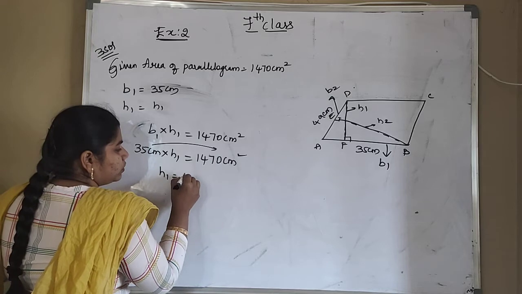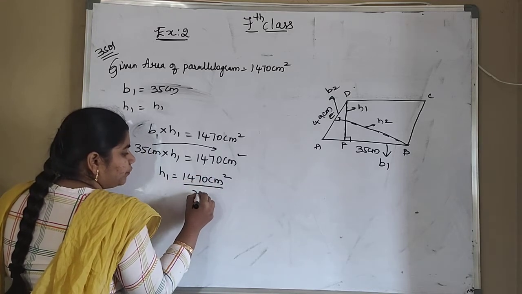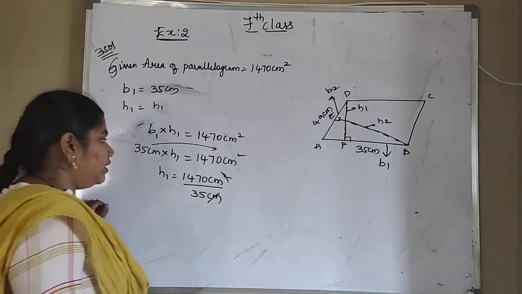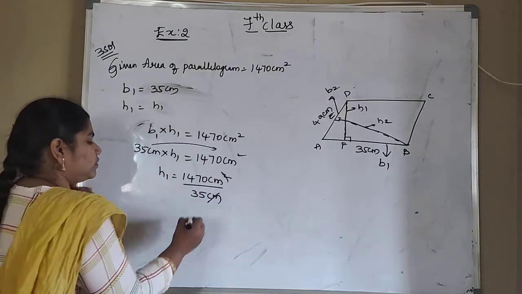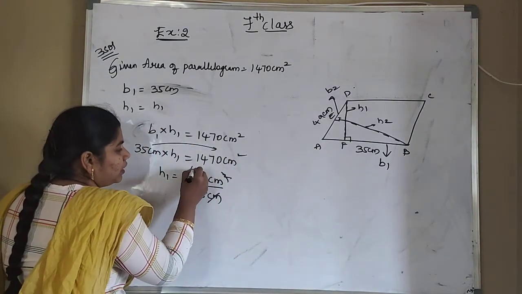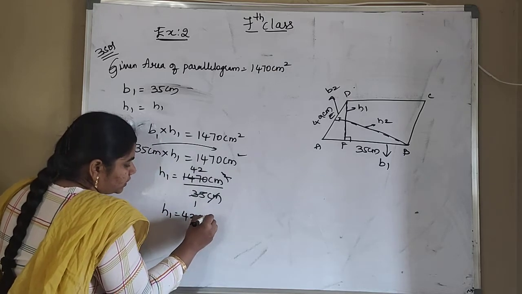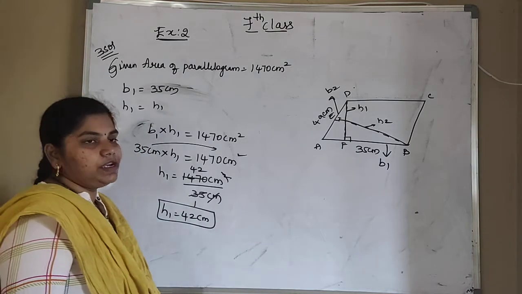So H1 is equal to 1470 centimeters square by 35 centimeters. So centimeter will get cancelled, and in the 35 table how many times will it go? It will be 42 times. 35 ones are 35, 35 42s are 1470. So height 1 is how much? 42 centimeters you got.